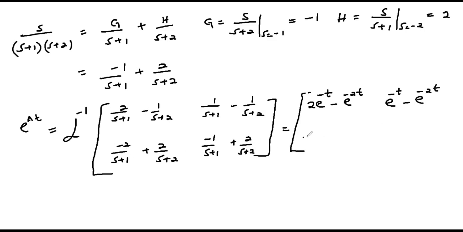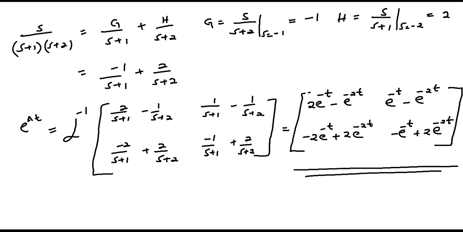This one will give us minus 2 exponential minus t plus 2 exponential negative 2t. Lastly, we'll have minus exponential negative t plus 2 exponential minus 2t. And this is our state transition matrix.